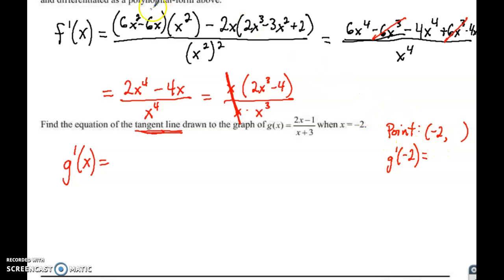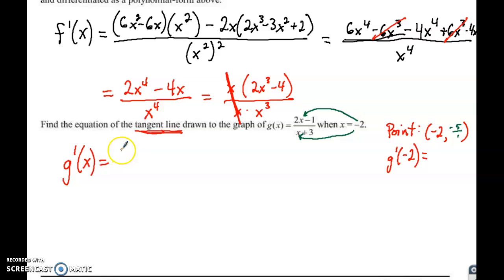So let's go ahead and find when x is -2. 2 times -2 is -4, minus 1 is -5. I'll simplify later if it's special. And plugging in down here, -2 plus 5 is 1. So it's just -5 over 1. All right, let's actually find the derivative now.